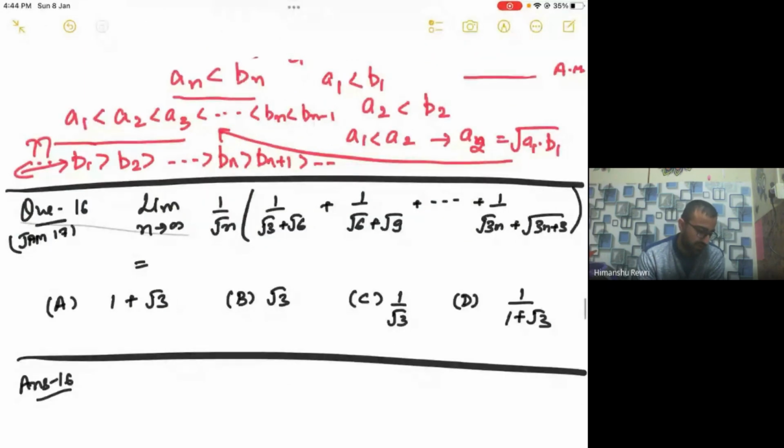So let's go to question number 16. Question number 16 asks about the limit as n tends to infinity of 1 divided by root n plus this summation. How will you do this?